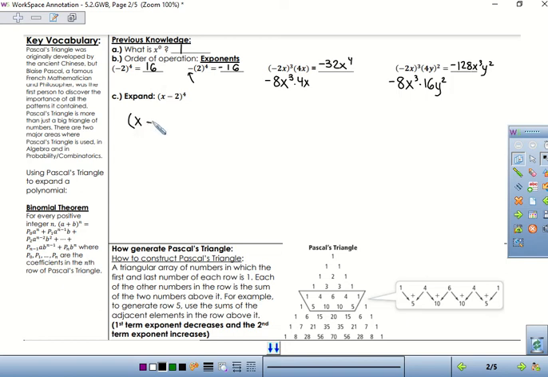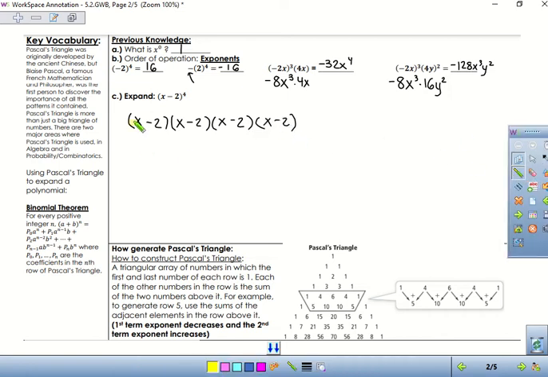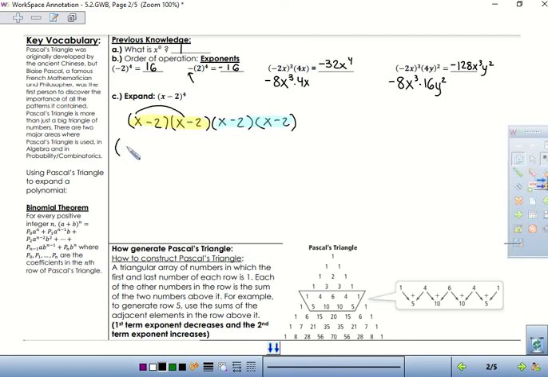So that means that it wants us to multiply x minus 2 times itself 4 times. Okay. So to do that, we have to multiply these two together, and we have to multiply these two together. Okay. So to multiply the ones in the yellow together, x times x is x squared. X times negative 2 is negative 2x.